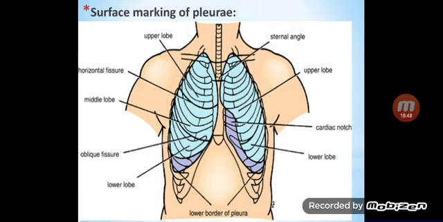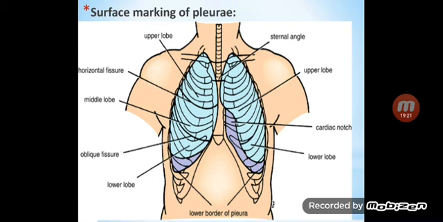Good. Now to the anterior border. The anterior border of the right side is different from the anterior border of the left, meaning the right and left parietal pleura. The anterior border of the parietal pleura on the right side extends anteriorly downward from the sternoclavicular joint, directly downward to the sternal angle, then continues downward to the level of the xiphisternal joint.